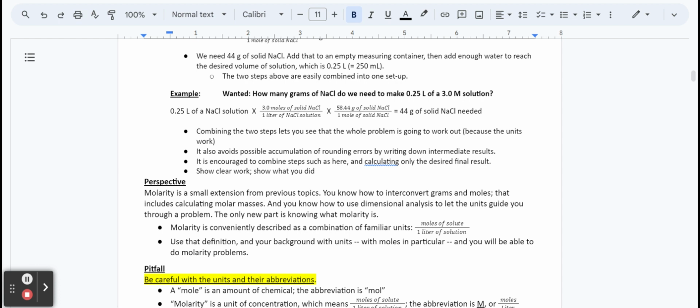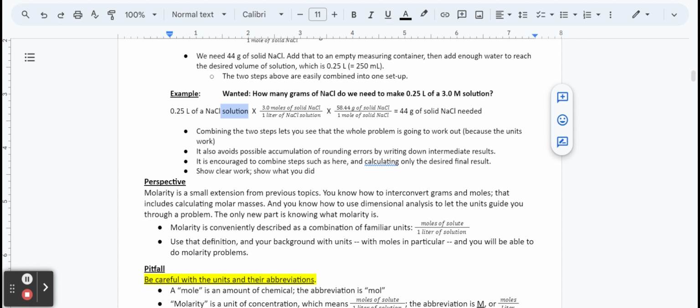So again, we're going to start with what we're asked to find, which is we're asked to make the 0.25 liters of solution. Multiply that by the molarity. We're looking for 3.0 moles of solid sodium chloride over the NaCl solution. Okay, so the solution would cancel out with our solution that we're beginning with.